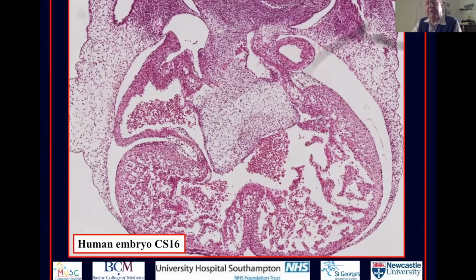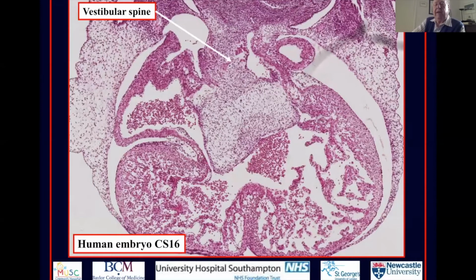This is a 4-chamber section. The fortunate thing for those of you who understand echocardiography is that you can now understand cardiac development, because it's an easy matter, I hope, to see the developing right atrium, right ventricle, left atrium.